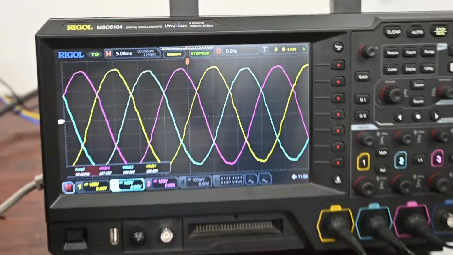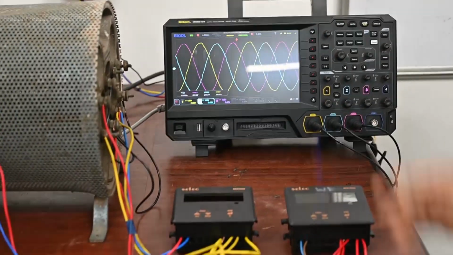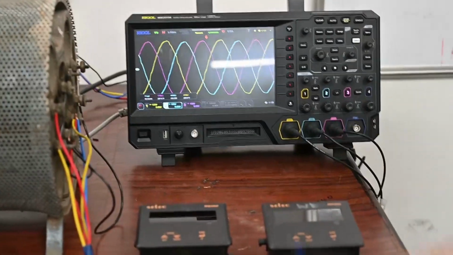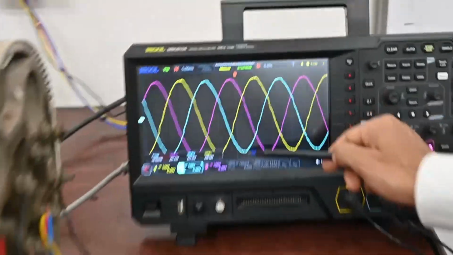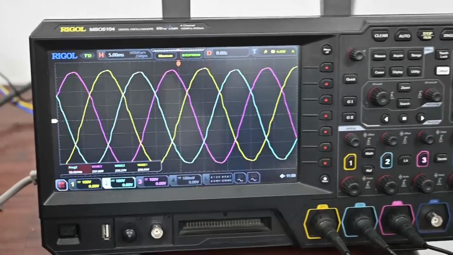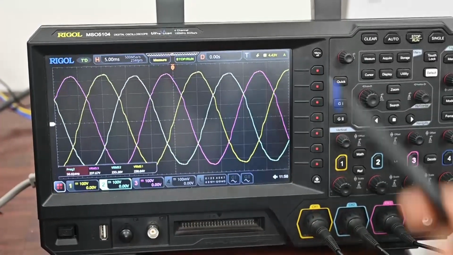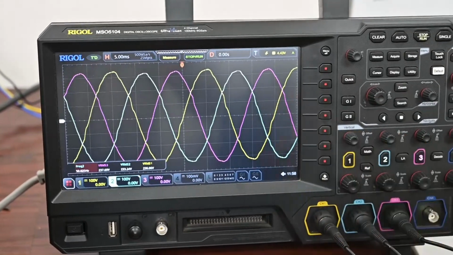So there is some unbalance in the system also. That is very practical. Here we see the three phase voltage supply system. This is about the positive peak and this is about the negative peak, so from there you can also adjust the voltage perspective. And as I already mentioned, the phase sequence is red, yellow, blue.